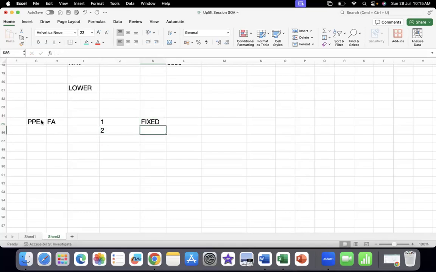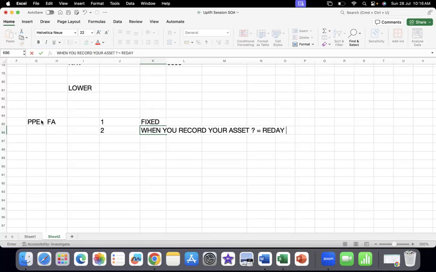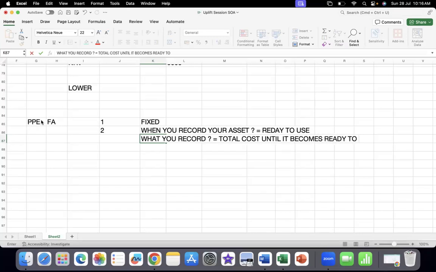The second is when you record your asset, when it is ready to use. What you record is the total cost until it becomes ready to use. एसेट को रेडी करने तक का खर्चा आपकी कॉस्ट में आएगा.